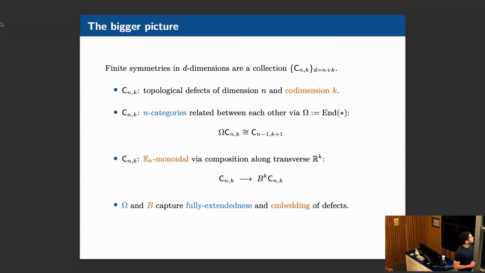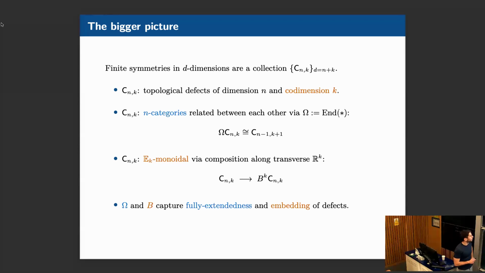We know that our finite symmetries in D dimensions are going to be collections of operators, which have some dimensions and codimensions K. We expect these n-dimensional topological defects to be captured by some n-categories, related to each other through this relation, which just says that we can view n-dimensional defects as being junctions between (n+1)-dimensional trivial defects.